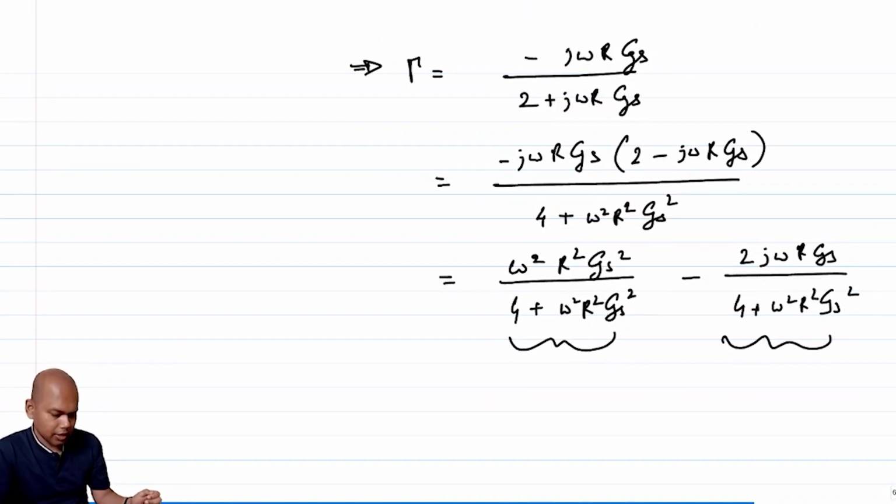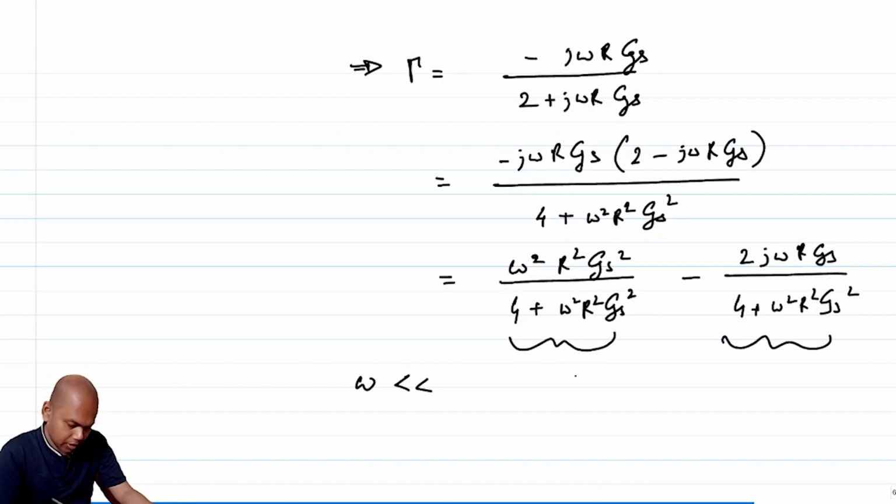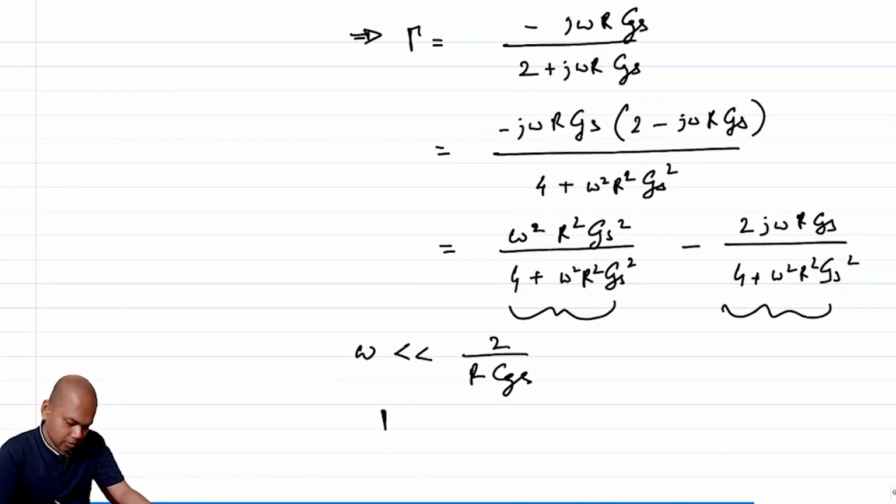So clearly you see that at low frequencies, at omega much less than 2 by R CGS, your gamma becomes approximately omega squared R squared CGS squared minus j 2 omega R CGS.